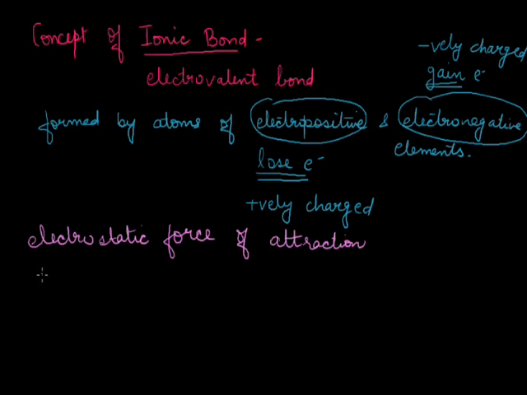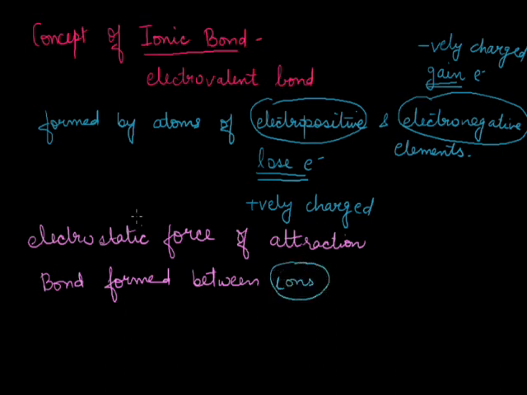Thus, the bond formed between ions is called ionic or electrovalent bond.